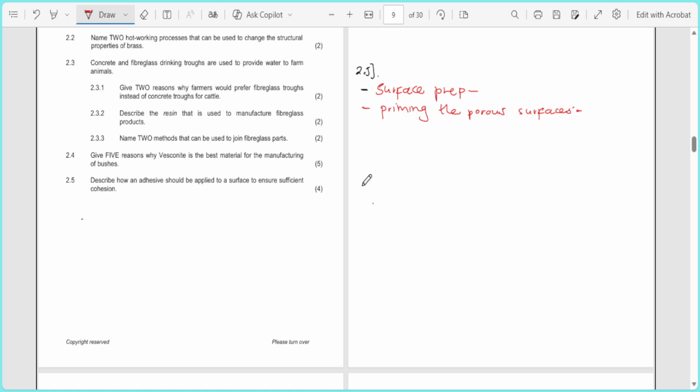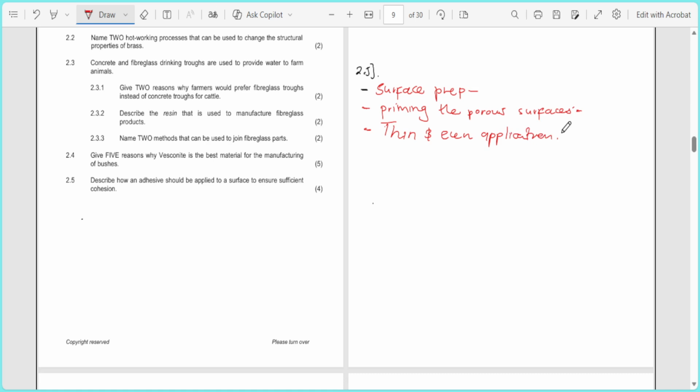Then from there we have a thin and even application of the adhesive. Thick adhesive layers tend to cure unevenly, right?